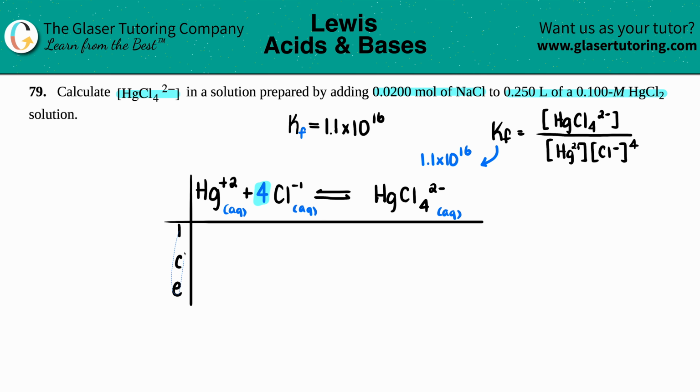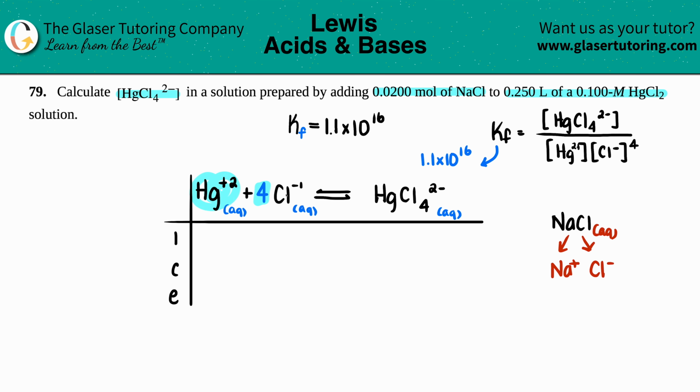Well, let's see. Let's start off with the 0.0200 moles of the NaCl. Remember, NaCl is a salt that's always aqueous. It's got a group 1 ion. Group 1 ions are always aqueous. So this will break down into its 2 ions of Na+ and Cl-. Don't do any more work than you have to. Keep in mind that we only care about these ions in our equation.